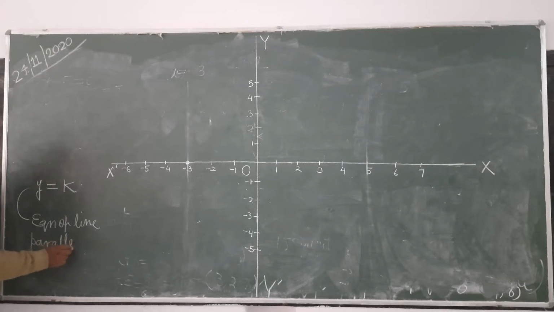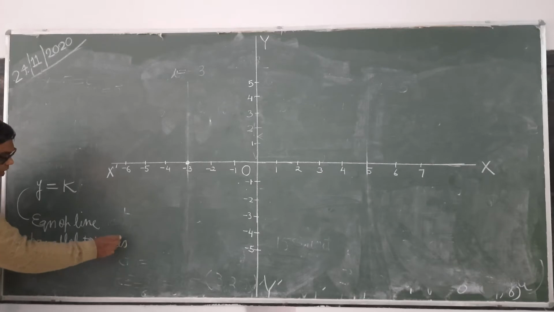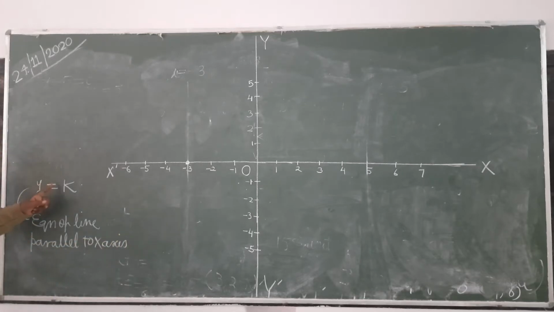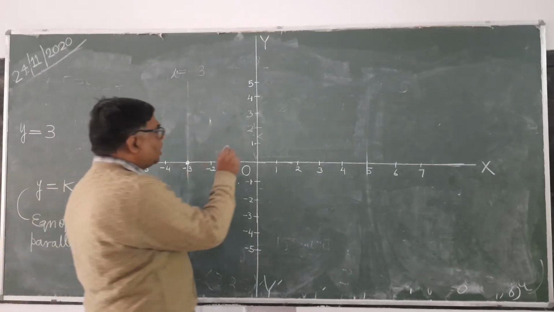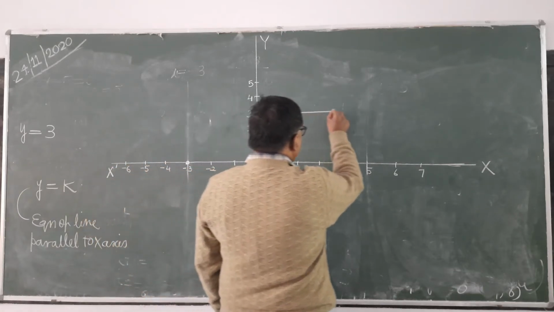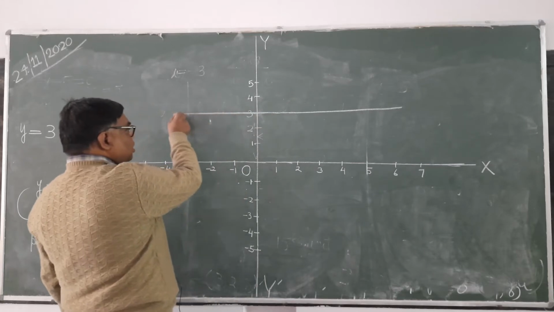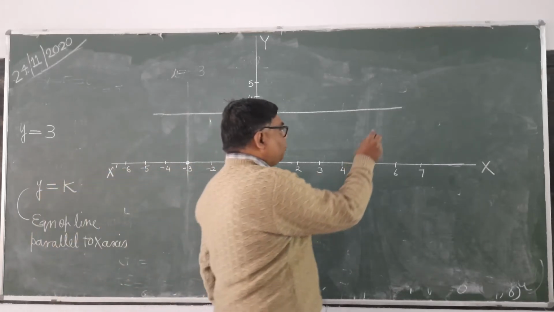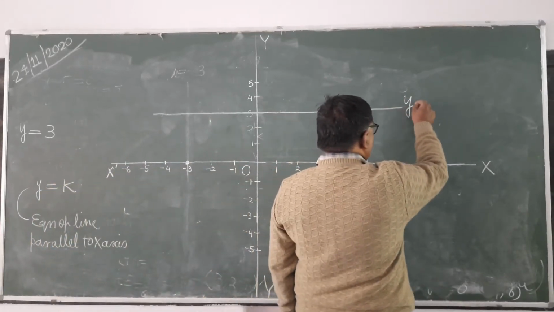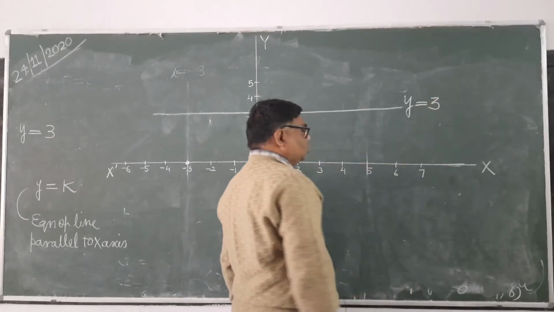Parallel to the x axis. What is k? It is the perpendicular distance of the line from the x axis. If you write y equals 3, it will be this line. Every point on this line will have y coordinate equal to 3.